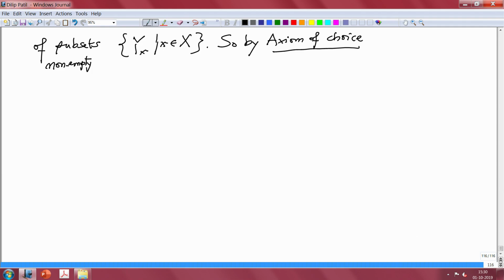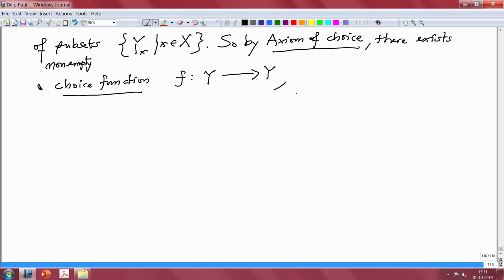By axiom of choice, there exists a map f from Y to Y such that every x goes to some f(x), and this f(x) belongs to Y_x for all x in Y. We are making a choice from each Y_x, we can choose one element and associate x to that element, and it becomes a function.